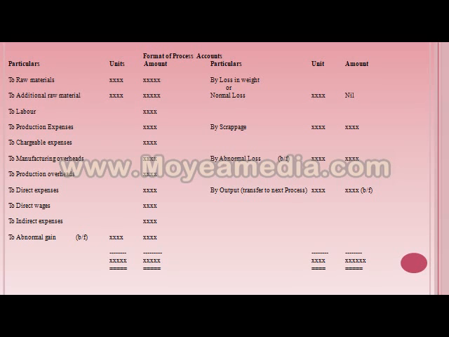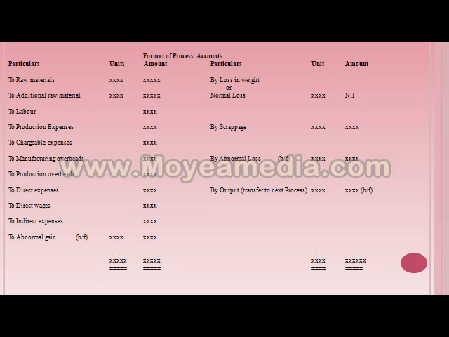On the credit side, you write all the losses, the scrappage, abnormal loss, even the output which has been transferred from process A to process B, or in other words from one process to another process. So loss, scrappage, abnormal loss, output, everything on the credit side.